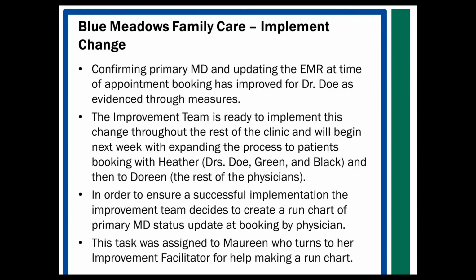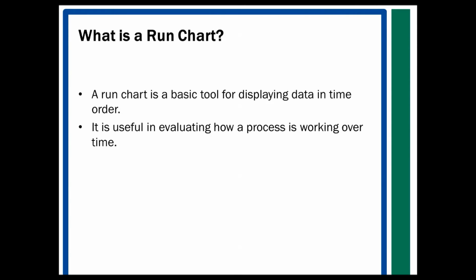To determine whether or not they were successful with that, the improvement team had tasked Maureen to generate a run chart for their implementation. So I'll take over for a little while here. Maureen came to me.